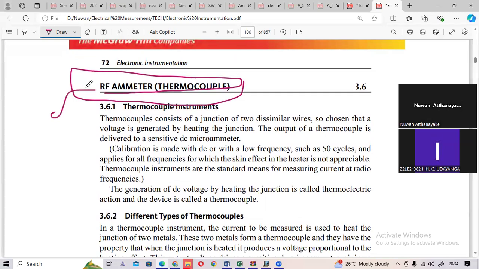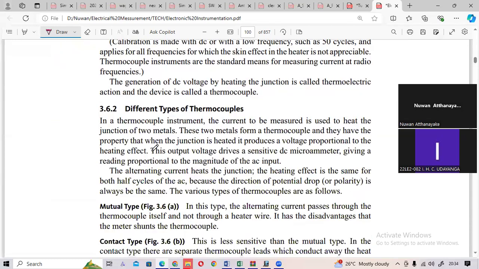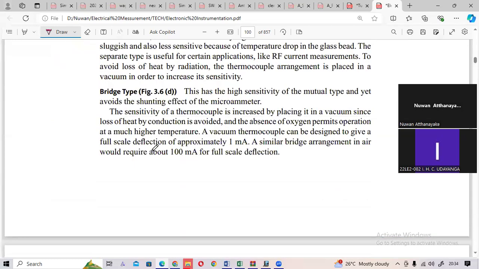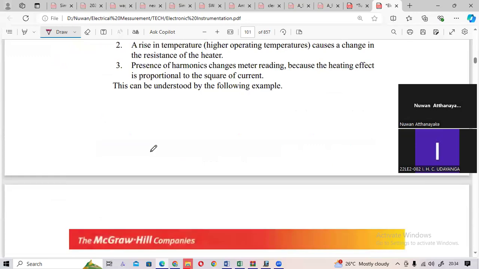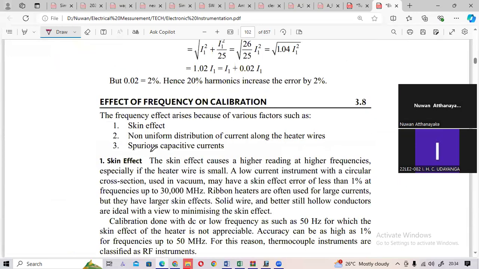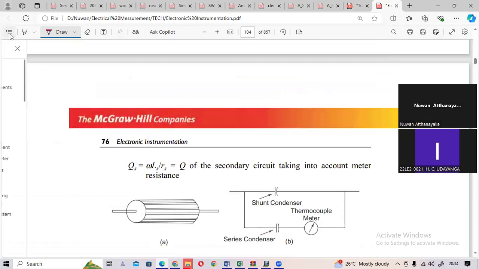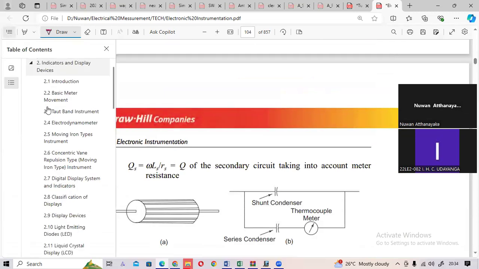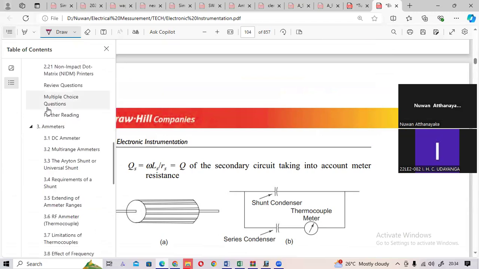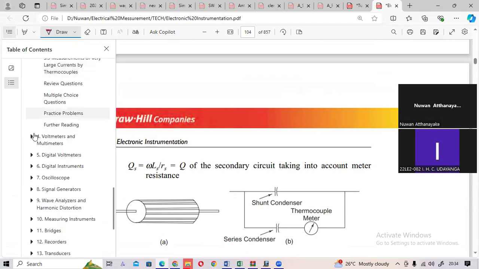So if you are in the RF or microwave field, you have to use this thermocouple-based RF ammeter. We will see them later. Just now, I think that is enough. So we will move to the voltmeter.